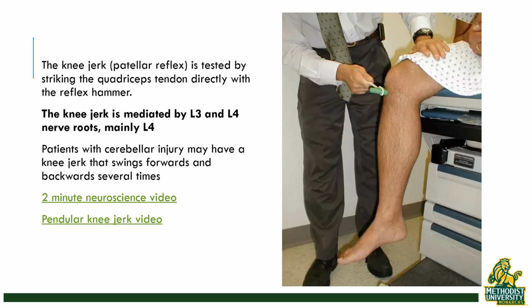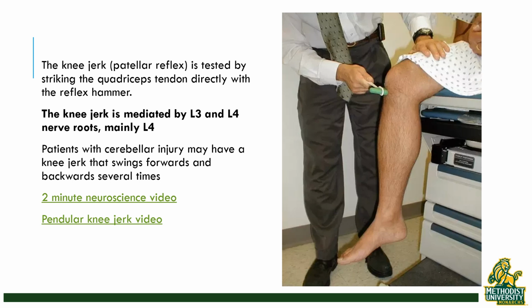For the patellar reflex, we strike the quadriceps tendon with the reflex hammer directly. Notice that he's using the broad side of the reflex hammer, using your wrist motion and swiveling. And the knee jerk is primarily mediated by L3 and L4. There are some abnormalities aside from diminished or increased reflexes.